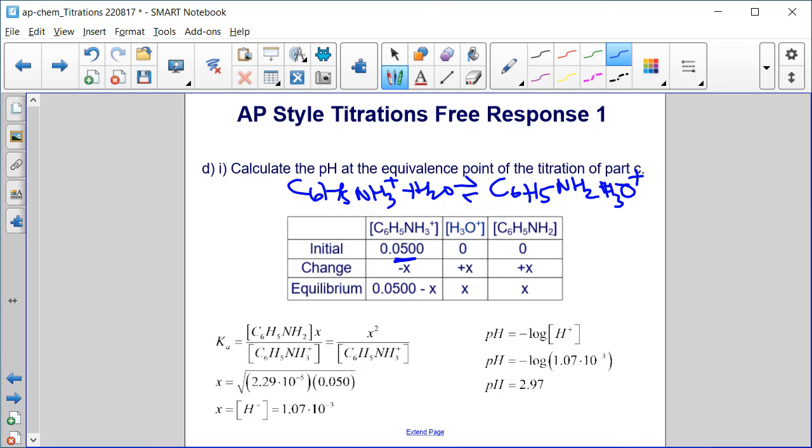So I can write the Ka expression, concentration of the aniline times X, where X is H3O+, over the concentration of C6H5NH3+, and then solve for X, given that we now know Ka and we know this initial concentration and the equilibrium concentration if we assume a very small change. We get a hydrogen ion concentration of 1.07 times 10 to the minus 3, which we can use to calculate the pH, 2.97 at the equivalence point.